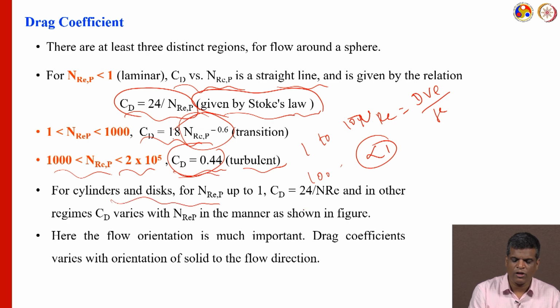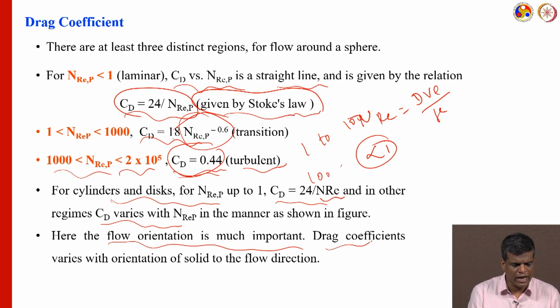Up to 1, CD is 24 by NRe, but as it increases, CD varies. It is very important to study the orientation of the solid to the flow direction for the drag coefficient.